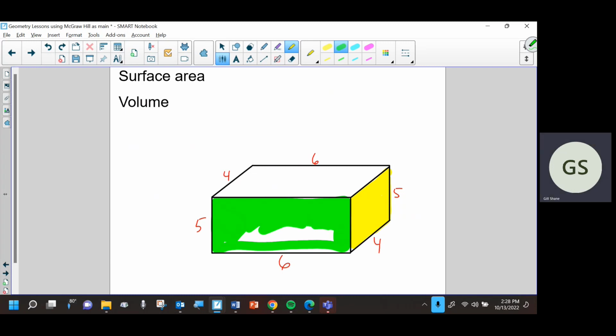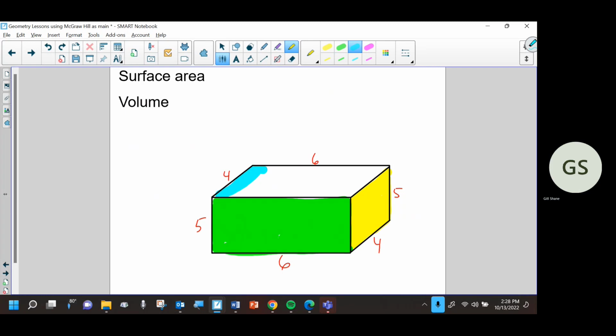And then I have a rectangle that is the top rectangle. Doing a pretty good job of coloring until that right there. Went outside the lines. So there are my three visible rectangles.